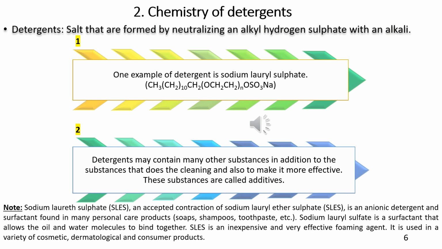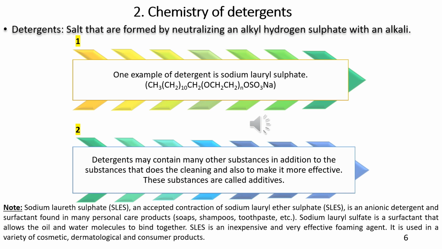It is an accepted conjunction of sodium lauryl ether sulfate (SLES). It is an anionic detergent and surfactant that is found in many personal care products, for example, soaps, shampoos, toothpaste. It is also an inexpensive and very effective foaming agent.